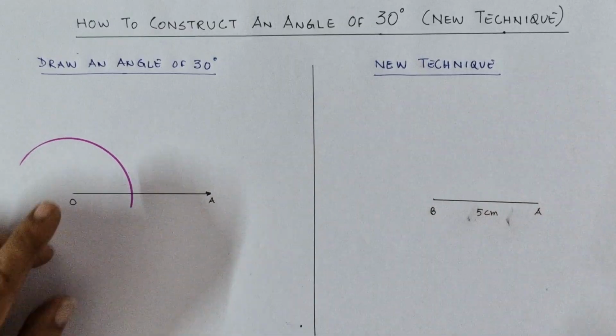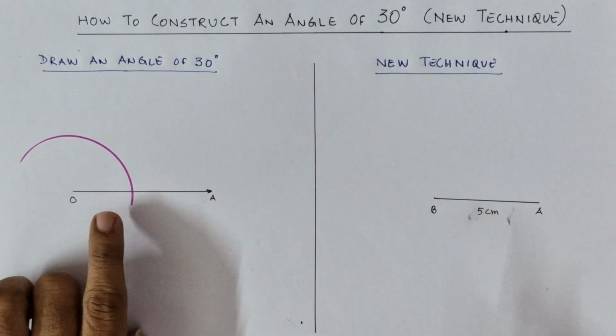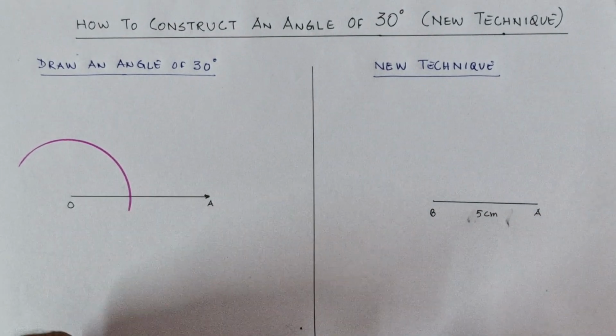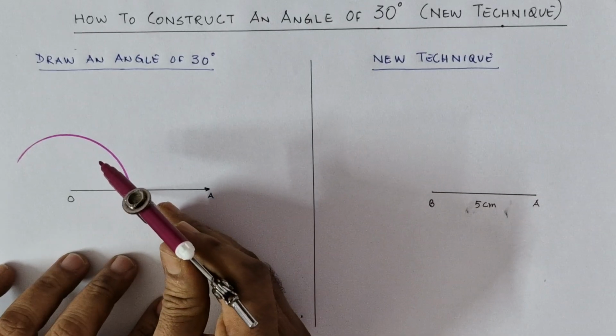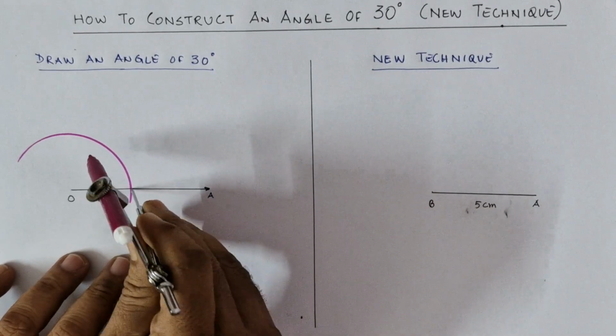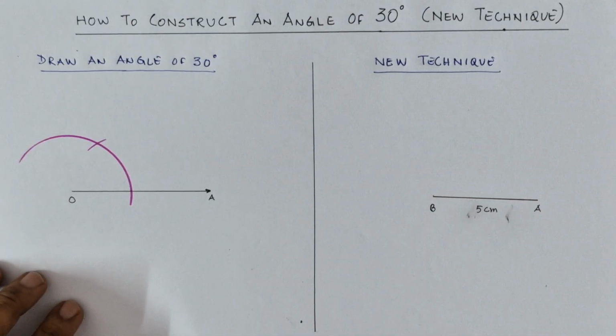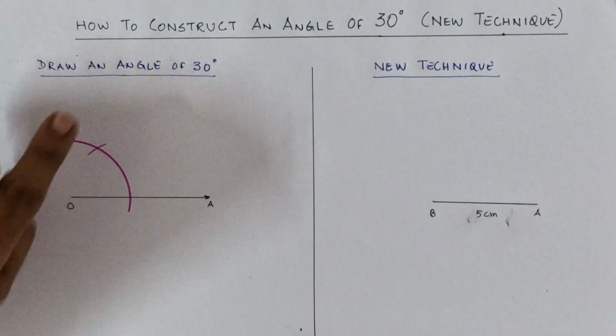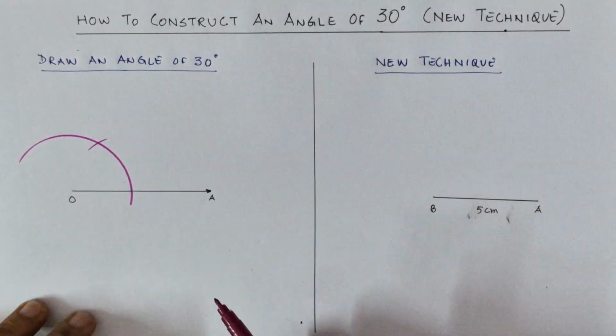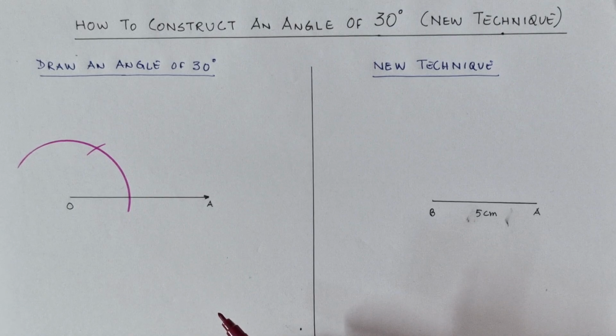The arc will intersect the arm OA at a certain point. So point the needle there and intersect the arc. Now what do you need to do? If you join this intersection point and O, you will find the angle of 60 degree.